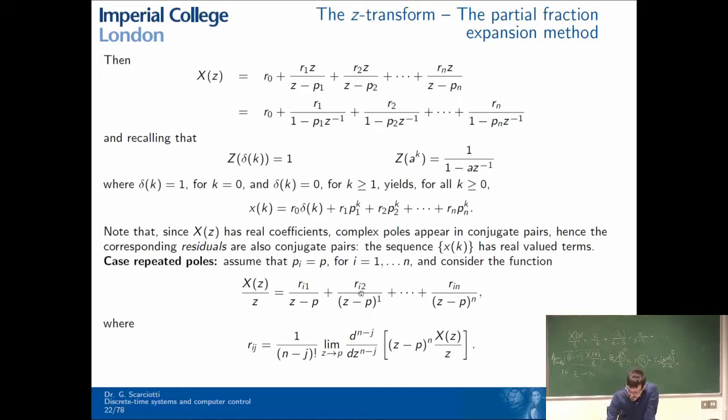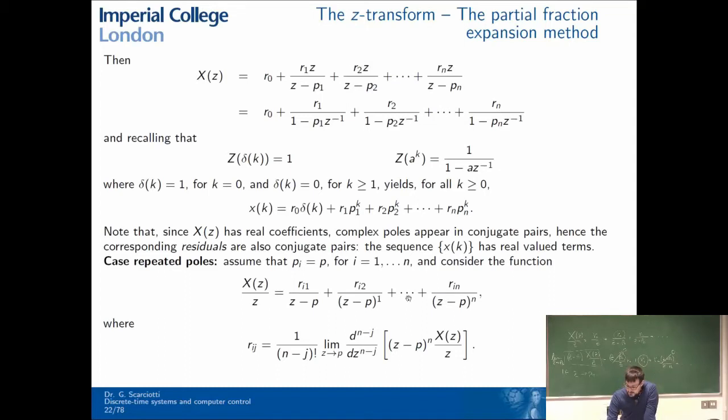Then to select the correct residual, you can compute a derivative, because when you compute the derivative, the degree of all the powers will decrease by 1, and the one that is constant will disappear. If you don't compute the derivative and you compute the limit, then all these terms will disappear apart from the term that does not multiply (z minus p).